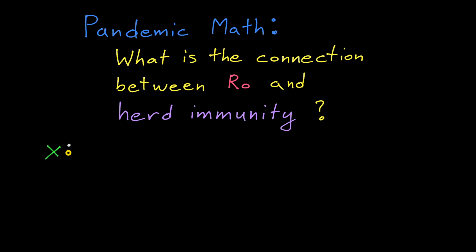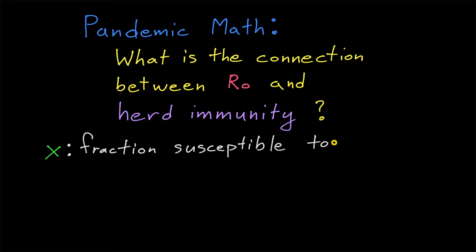What is X in this model? Well, X is just the fraction of the population that is susceptible to infection. So if we are considering, for instance, COVID-19, but this model doesn't have to only apply to COVID-19.